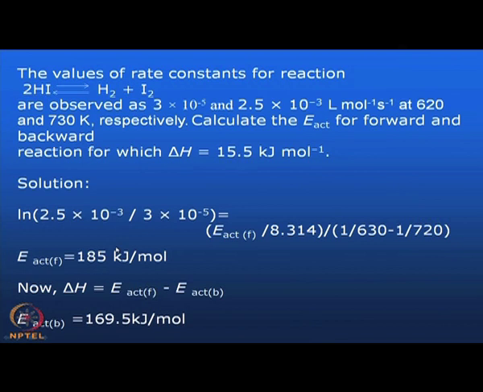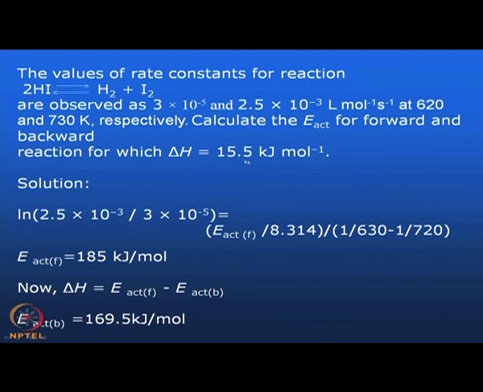Just making use of the Arrhenius equation, you can find the forward activation energy, and then you use delta H equal to E activation forward minus E activation backward. Since you know E activation forward, the activation energy for the back process will be found from this, and this comes out to be this.